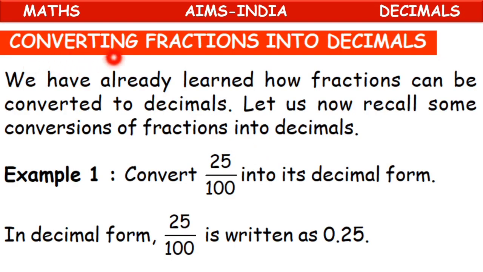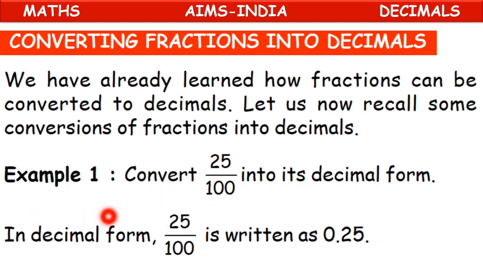Now moving on to converting fractions into decimals. We have already learned how fractions can be converted to decimals. Let us recall some conversions of fractions into decimals. Example, convert 25 by 100 into its decimal form.